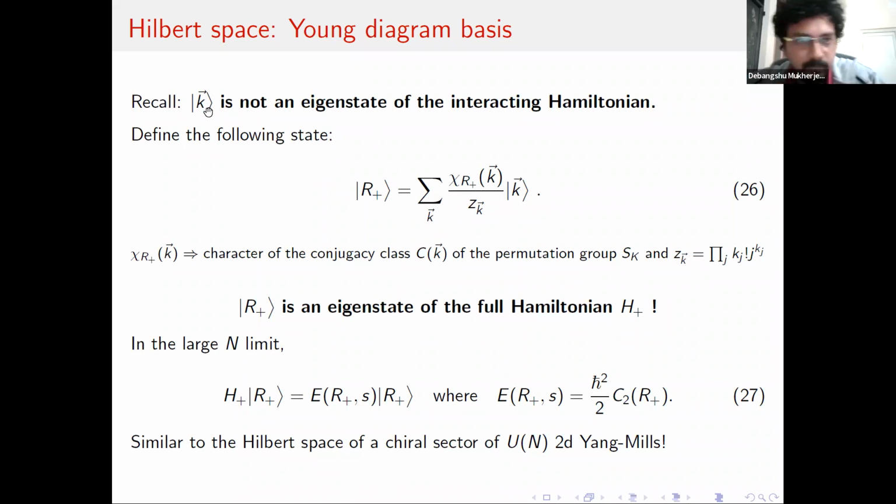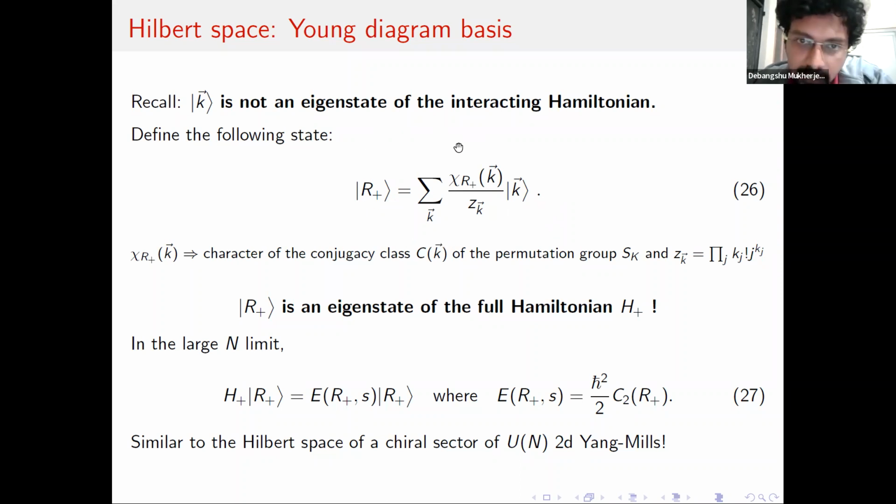So, as I was just saying, that K is not an eigenstate of the interacting Hamiltonian, and what we do is we define the following very specific class of states. This is what we call the Young diagram basis. So what do I mean? Given a representation of a Young diagram, given a partition, it always specifies a particular Young diagram, and with that I associate a state.